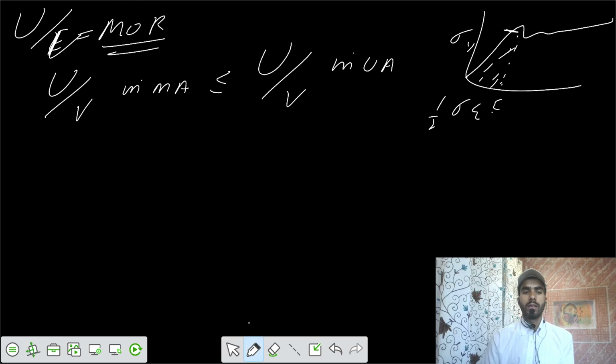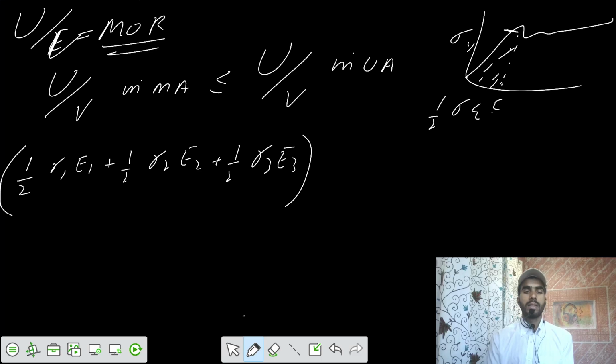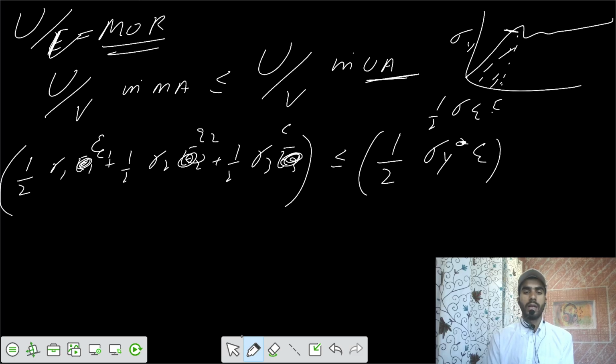So for the multi-axial loading, you can write half of sigma 1 E1 plus half of sigma 2 E2 plus half of sigma 3 E3. That should be less than or equal to, in the uniaxial loading, we only have half sigma yield into E. This is the strain, strain 1, strain 2, strain 3, strain along the 3 principal directions.